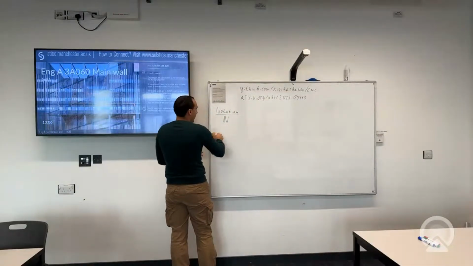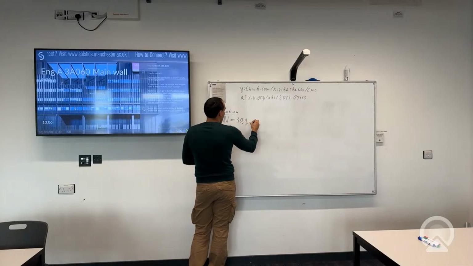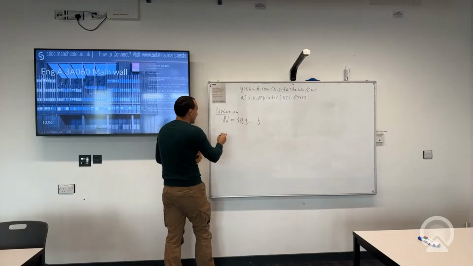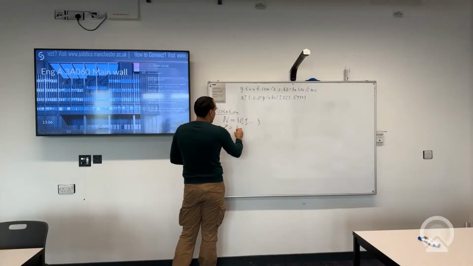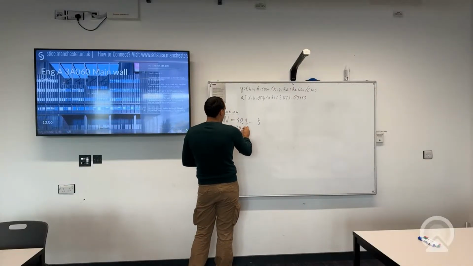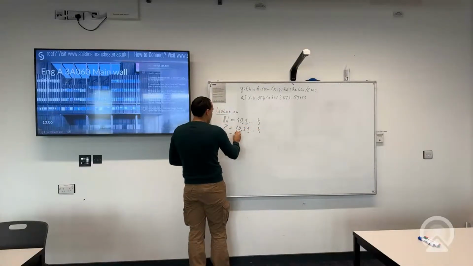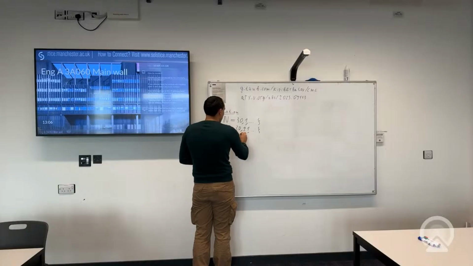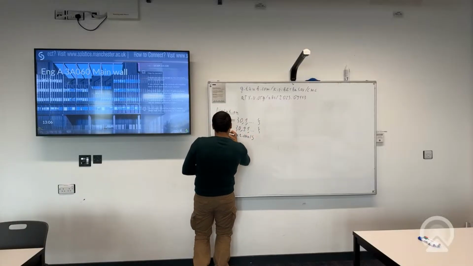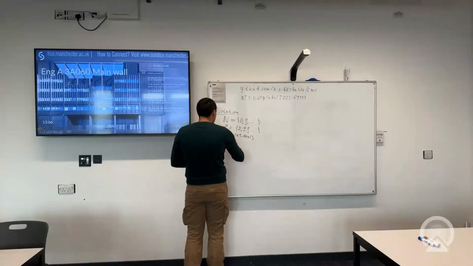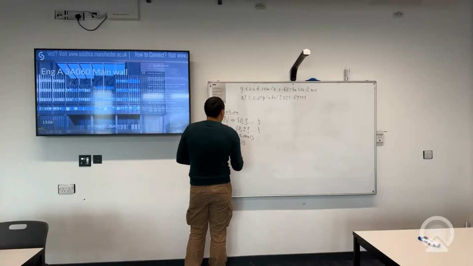I will denote by Z the integers, which include 0, plus or minus 1, and so on. N is the natural numbers. Q denotes the rational numbers, and R the real numbers.